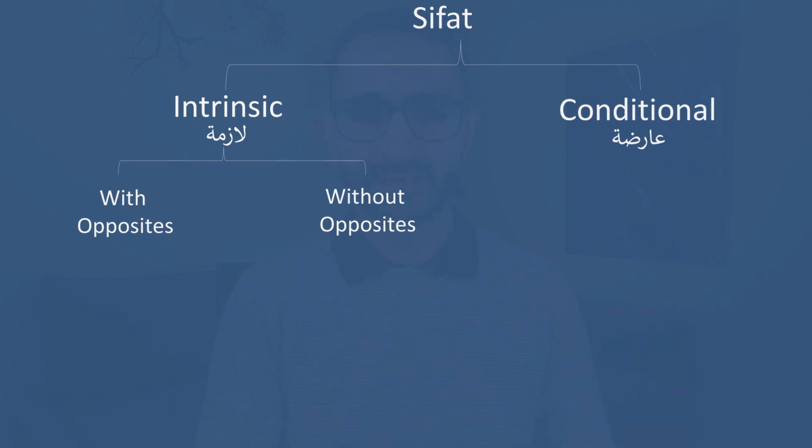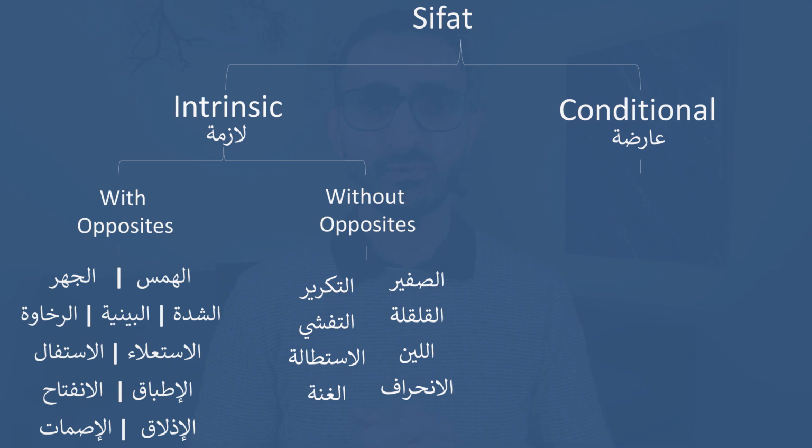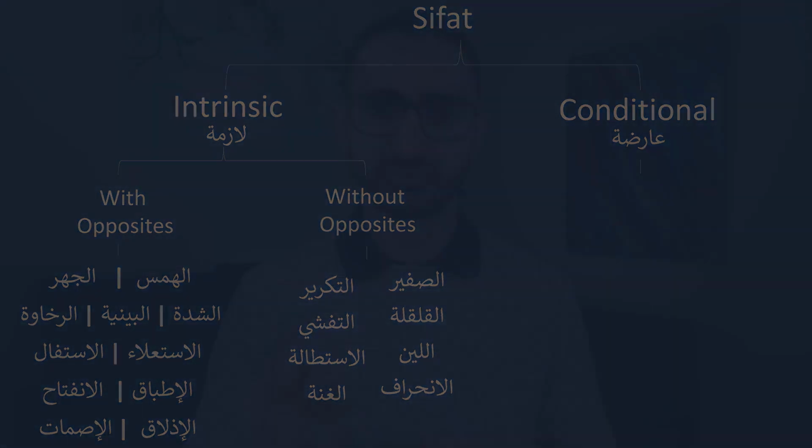We've covered the صفات that have opposites in a lot of videos before: جهر and hams, استعلاء and استفال, and so forth. And صفات that don't have opposites, like تفشي of the sheen, استطالة of the ضاد, قلقلة, and so forth. So these all come under صفات which are intrinsic. They form the letter itself or part of the letter.